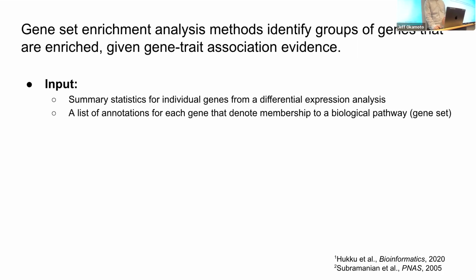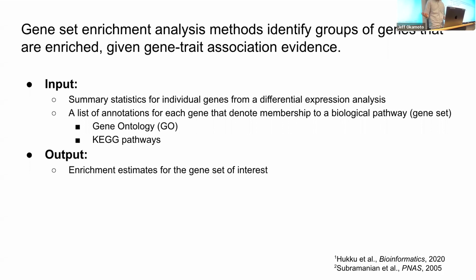These basically just denote whether or not a gene is a member of whatever pathway you're interested in. You can get these from a few different resources. One might be Gene Ontology, or GO, and another might be KEGG. And then for output, you'll often have enrichment estimates for whatever gene set you're interested in. Some examples of these types of methods are BAGZ and GSEA.